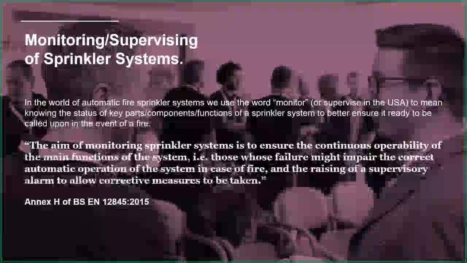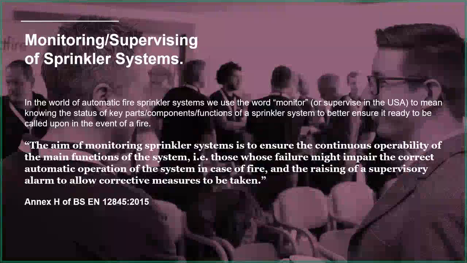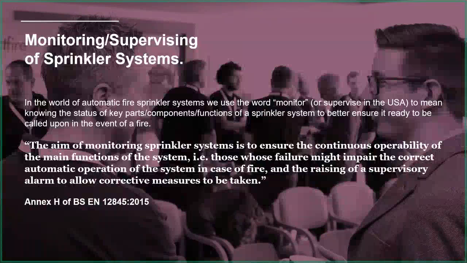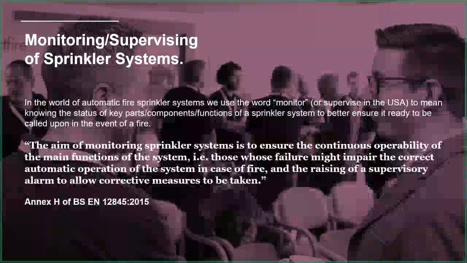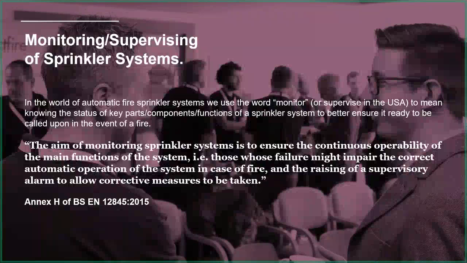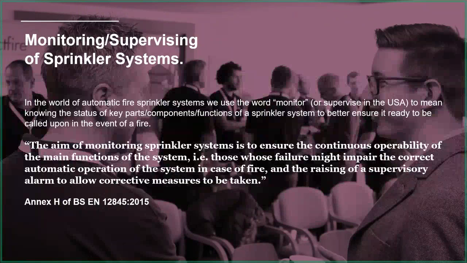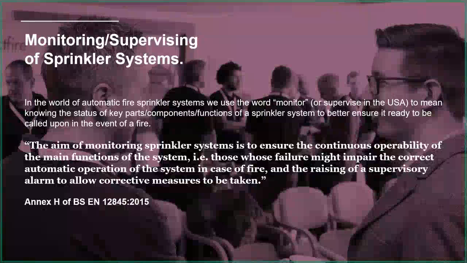My definition is to know the status of key parts, components or functions of a sprinkler system to better ensure it is ready to be called upon in the event of a fire. If it's in good working order, everything's working, we've got a panel of green lights, green for go, everything is working. So our monitoring or supervising systems allow us to do that.